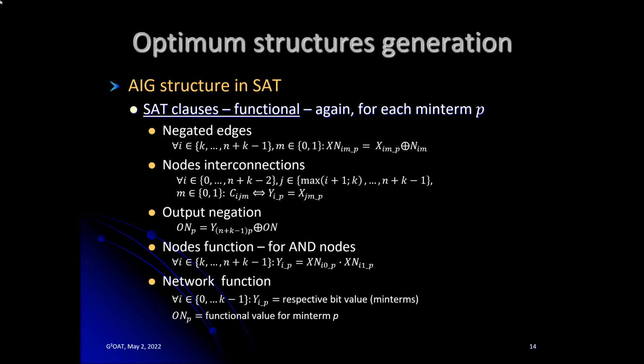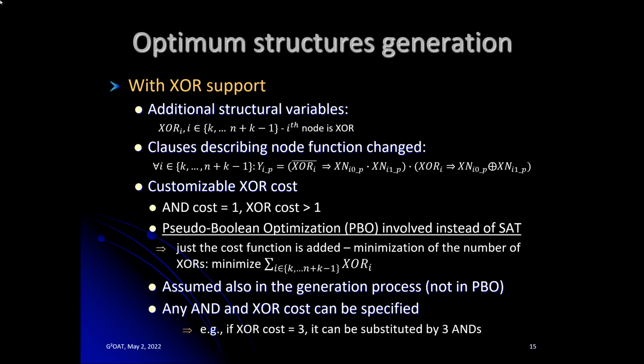So basically the idea is we evaluate the network in this way, that we present all possible minterms to the input and say, and the output must be like this. And that's it. Yeah?